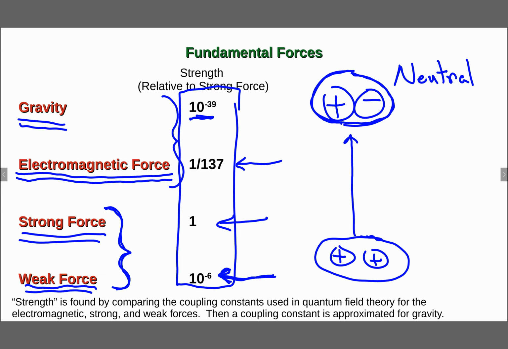Okay? So it isn't attracted or repelled. And that's why you don't feel an electric pull toward the objects around you. Your atoms and molecules are almost all neutral. They have the same amount of positive and negative charge, right? So they're neutral, and that makes them not attracted through the electromagnetic force to the other objects around them, which also have neutral atoms and molecules that make them up.